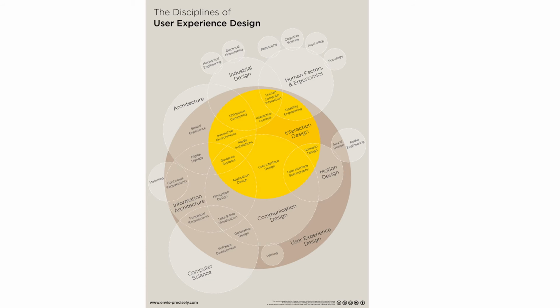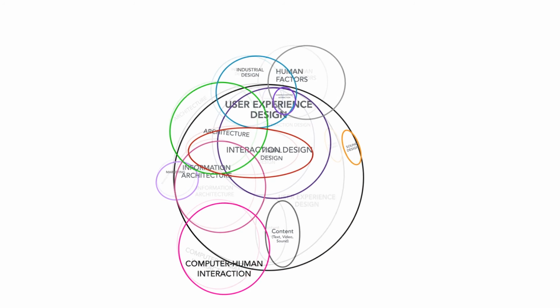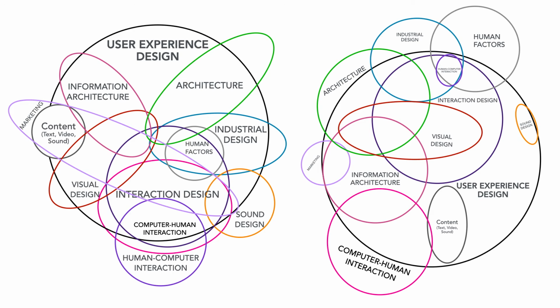This captures a whole host of additional fields and flushes it out even far and beyond what we've seen so far. Now, this is probably outside of the scope of what we need to consider for this course, but the reason we take a look at it is that it's, number one, helpful to be aware of, because everything we're covering in this course draws from or overlaps with many of these other fields.